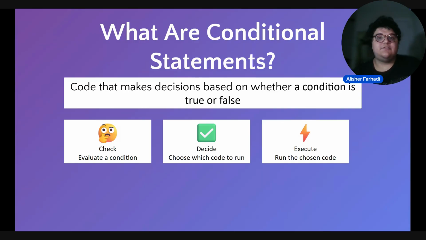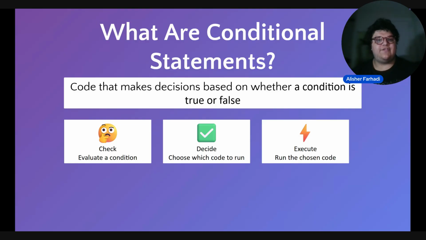Well, there's three parts to conditional statements. First, we have checking the condition. So you're going to take a variable and you're going to check it against the condition. In the case of voting, our variable is age. Well, let's check: does your age equal or exceed 18? Then it would decide what to do if the condition is true, and what other thing to do if the condition is false.